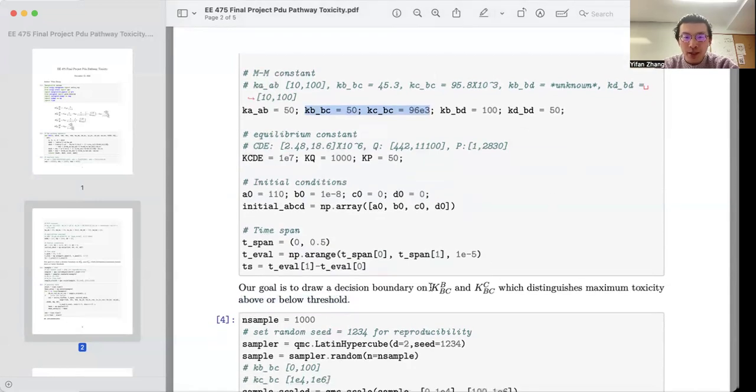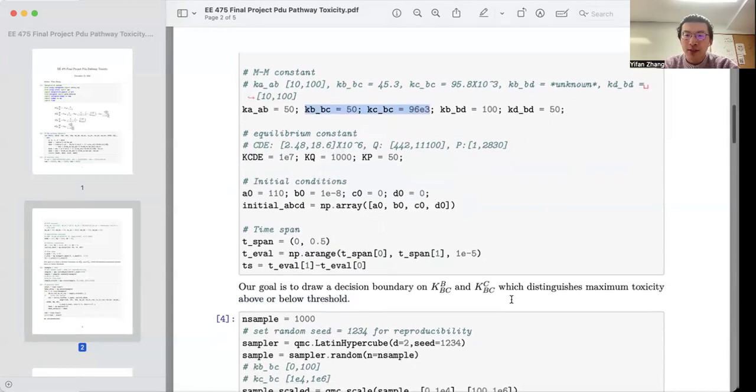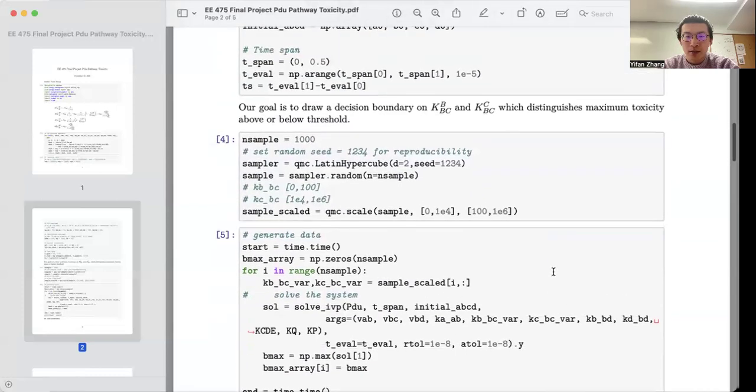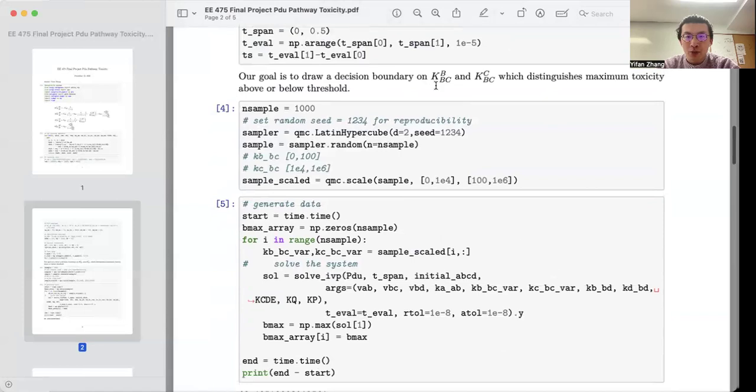So the goal is to see what kind of combination of these two Michaelis-Menten constants can give us the maximum toxicity below the threshold. The threshold we set is 100 in this case. So we are varying two parameters, and we want to find what is the boundary, where one side the toxicity is above the threshold, and the other is below the threshold.